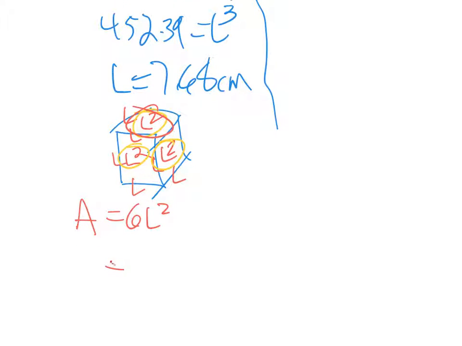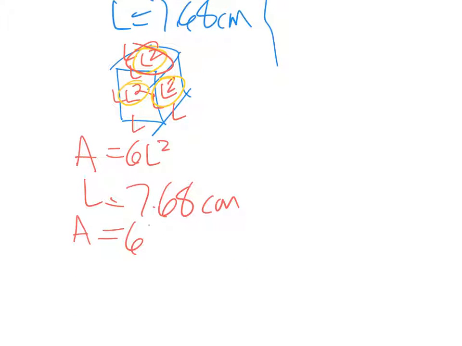Well, I already know what L is. It's 7.68 centimeters. So that means the area is 6 times 7.68 centimeters squared.